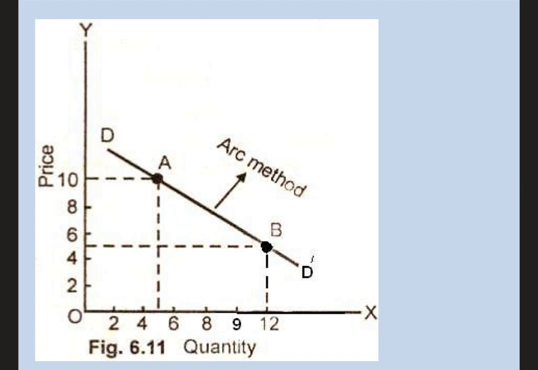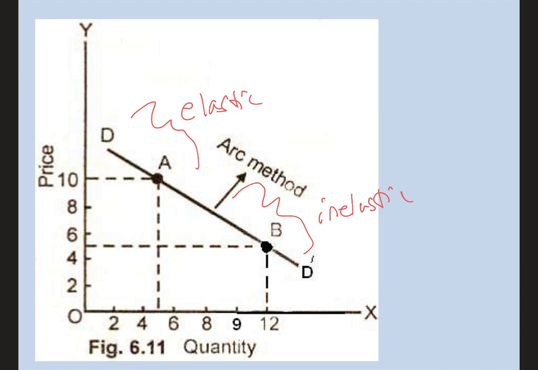So depending on what the numbers are, it's likely that somewhere you're going to have an elastic range, and somewhere you're going to have an inelastic range. And I'm showing that there is a range, and there will be a point that's going to be unit elastic, where the percentage change in quantity is going to be exactly equal to the percentage change in price.